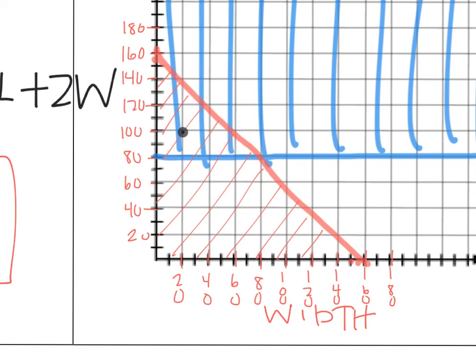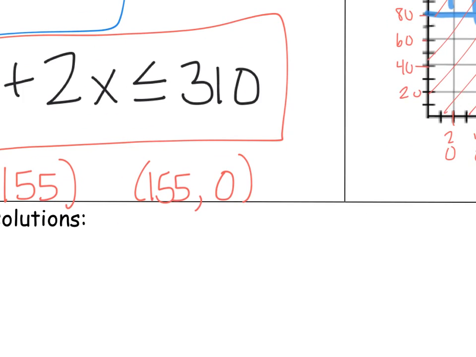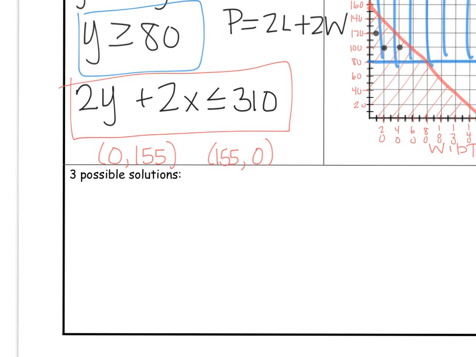I'm going to pick the point 40, 100, which will also work, and I can pick the point 10 and 120, and that will also work. So here are the 3 points that I picked for my 3 possible solutions, and I'm going to check them.